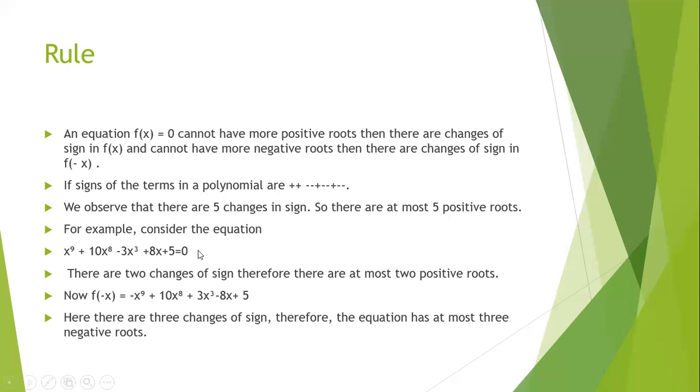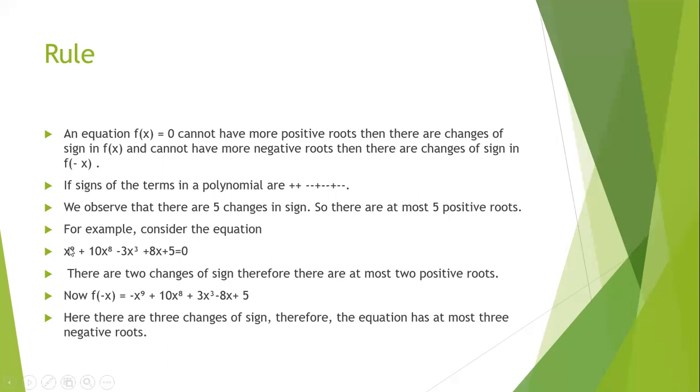For example, to find the number of positive and negative roots in the equation x raised to 9 plus 10x raised to 8 minus 3x cube plus 8x plus 5 is equal to 0.